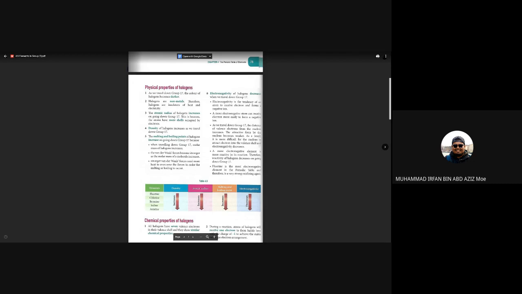For example, shiny, like iron and gold. Ductile does not mean conducting electricity. Ductile means we can make it into a wire, we can stretch it as wire. And malleable means we can hammer it and create something like a sheet.